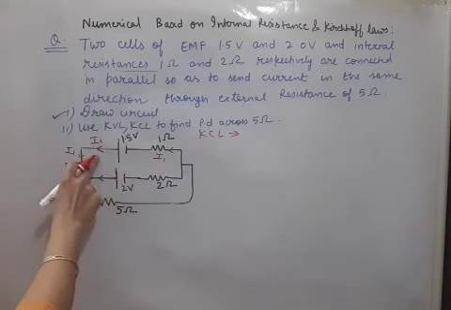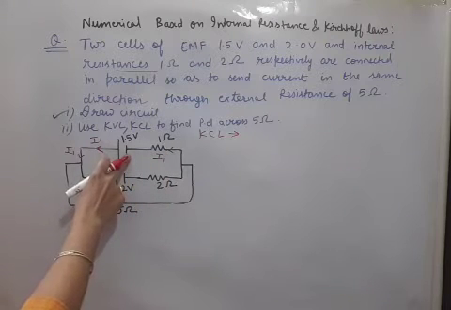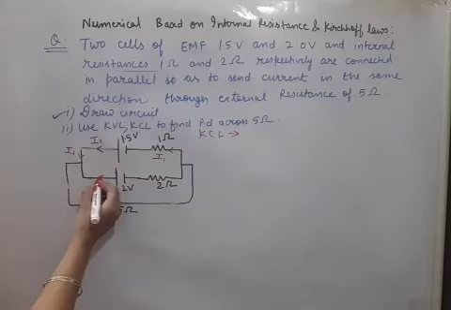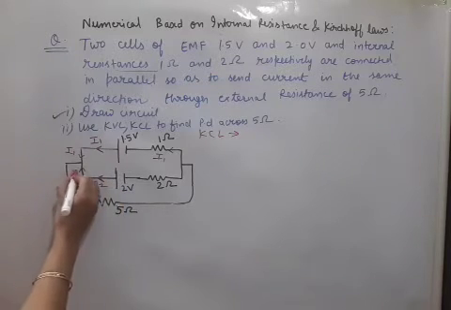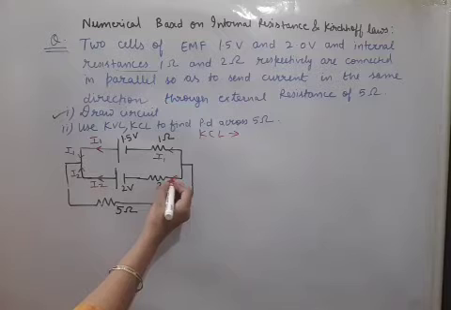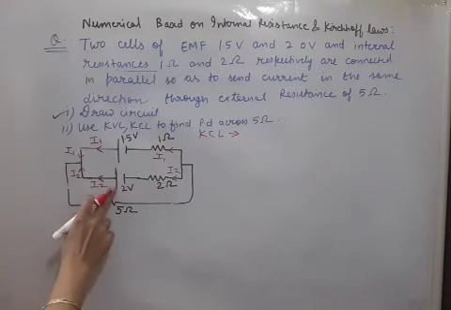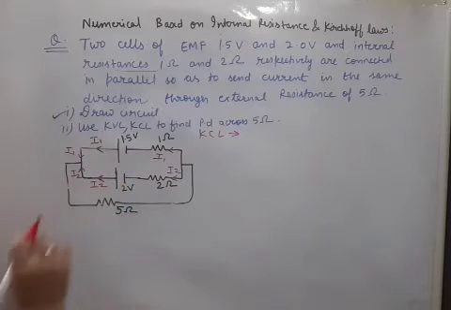Whatever current the battery gives, same current we have to return to the battery. Our second cell is 2 volt. It will send current I2 till here. And we have to return I2 current to the second cell also. So this has given current I2, so we have written I2 current to the second cell.